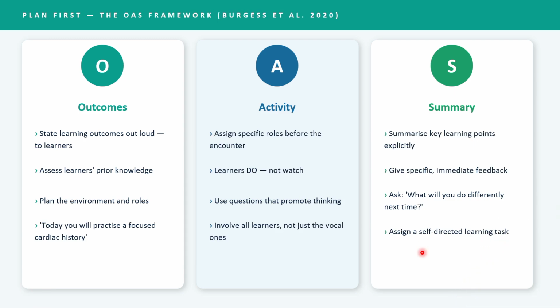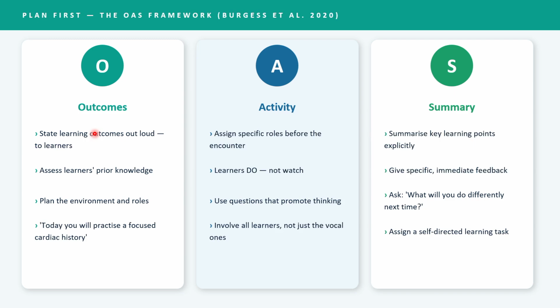This is a very important framework and a simple framework that we can follow. For any clinical teaching, we have to use the OAS framework for teaching, which is simply outcome, activity, and summary. Outcome: we have to state the learning outcomes out loud to the learners before starting any clinical teaching.